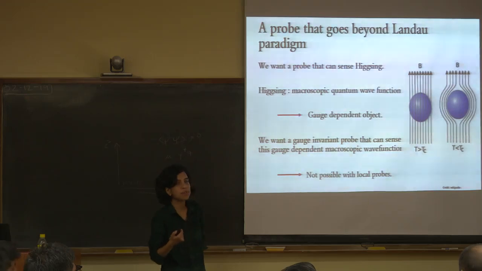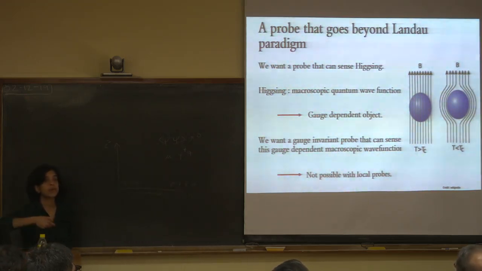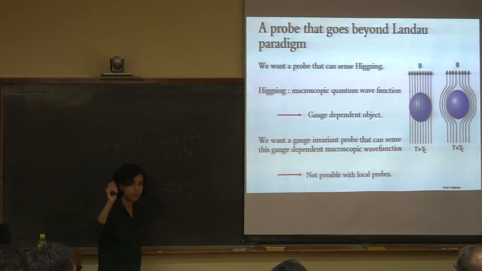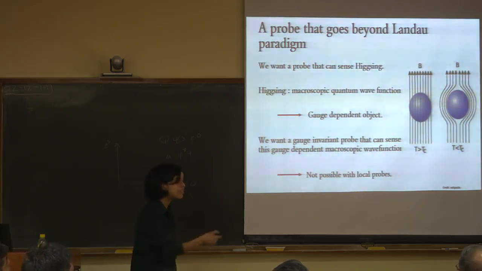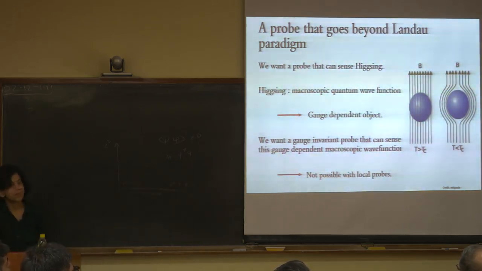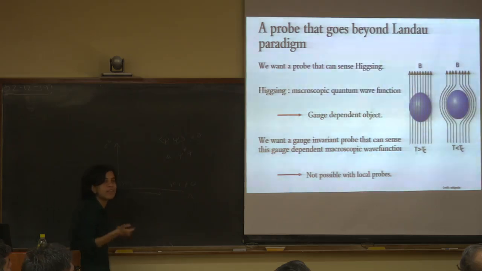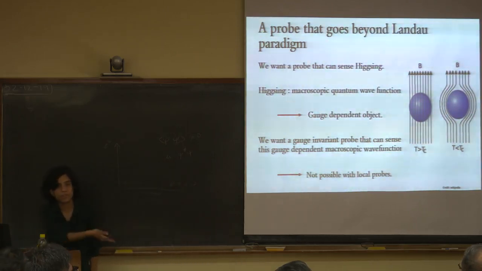So one thing I have to keep in mind is what is Higgsing? So I have a macroscopic gauge-dependent wave function. Okay, so that's what Higgsing is. Macroscopic gauge-dependent quantum wave function, and I want to be able to detect that using a gauge-invariant probe. Okay, it looks like it's not possible, right? It looks like there's something contradictory about this. Turns out that there's no local probe that can do it. That's what I was showing you earlier.